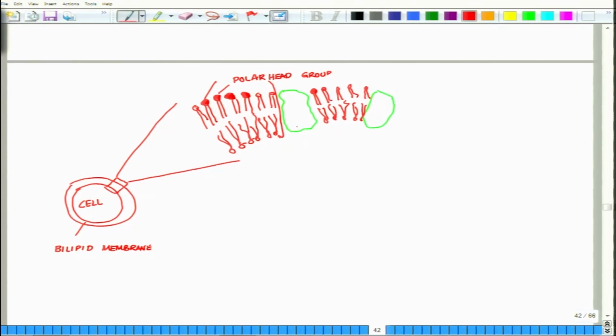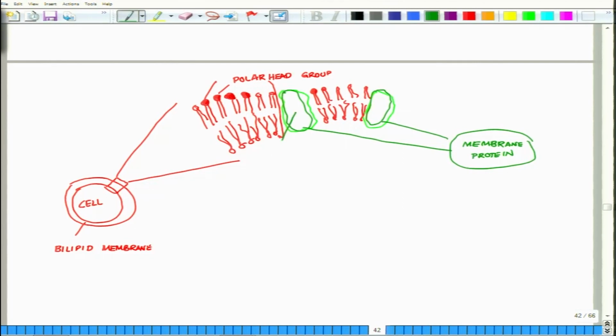And here you have this array of membrane proteins which are sitting there. They could be channels, they could be pores, and a series of them are there, especially in the chloroplast and mitochondria, in their membrane, which are also lipid bilayer membranes.